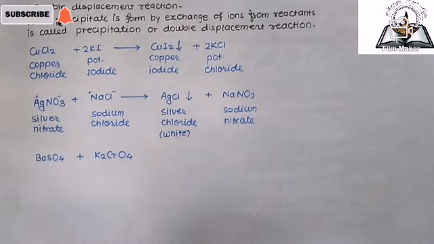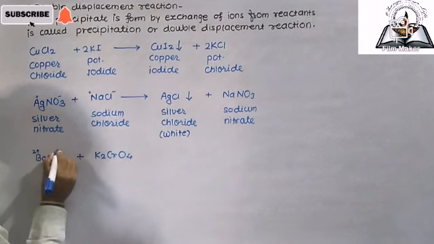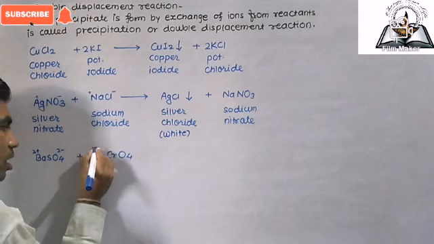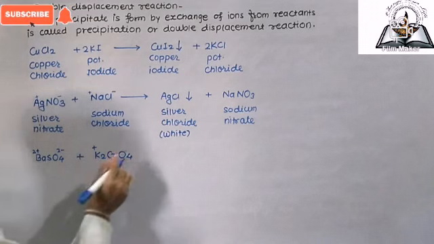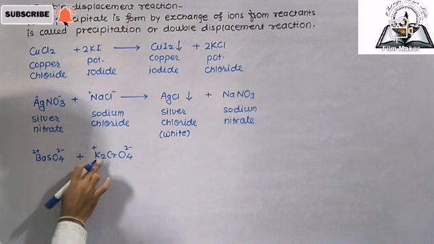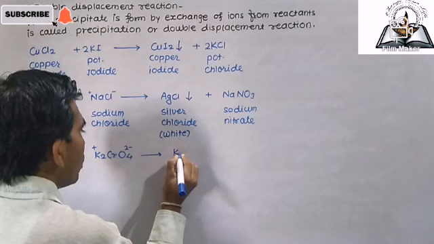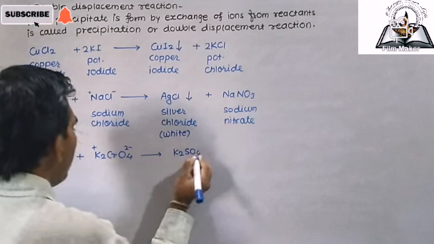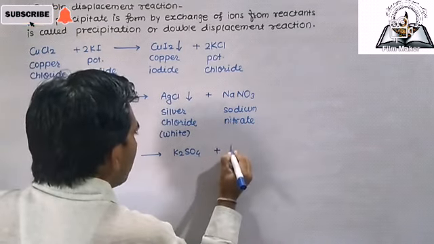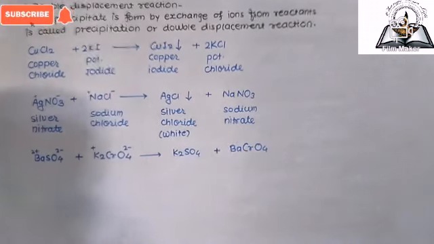So it gets converted to, यहाँ पे Ba डाई पॉजिटिव और SO4 डाई नेगेटिव, इधर के K1 पॉजिटिव अगर दो है तो दो पॉजिटिव और CrO4 डाई नेगेटिव. सो K and SO4 get converted to K2SO4 and barium chromate is obtained. Barium chromate BaCrO4 is obtained.